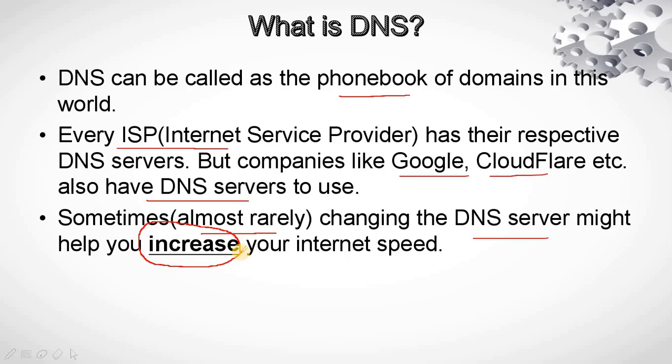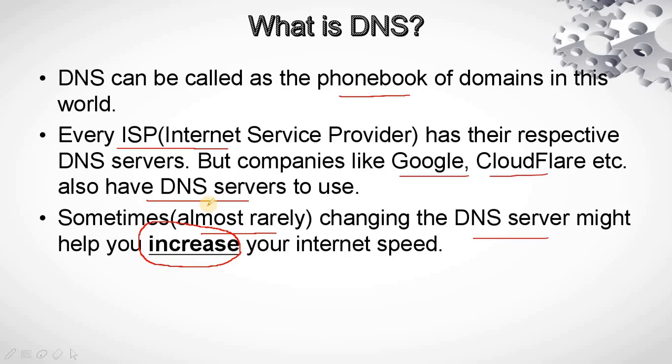Then your connection is forwarded to some other DNS server that may be residing somewhere else, owned by some other company. It goes to that other DNS server to query whether the domain you have entered is listed in that DNS server or not. And if it finds it, then your connection is forwarded to that particular website.